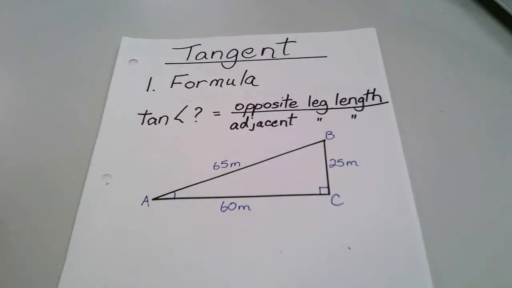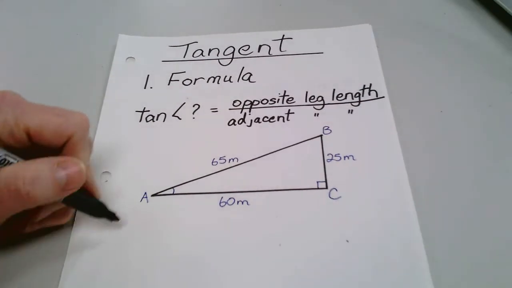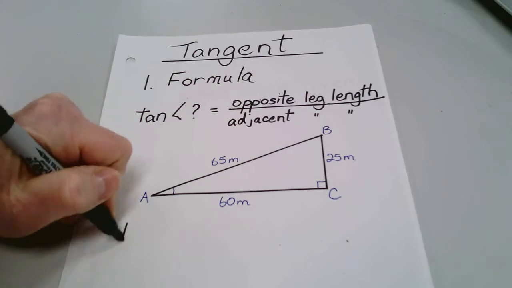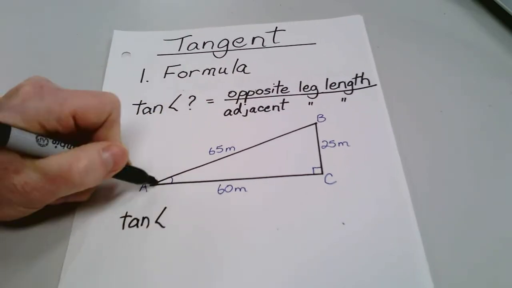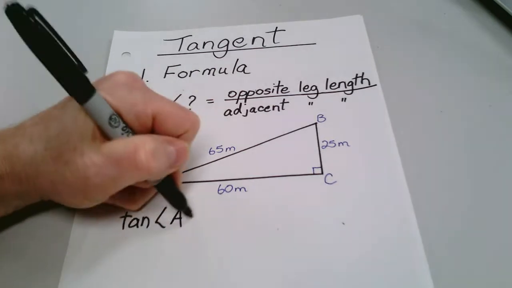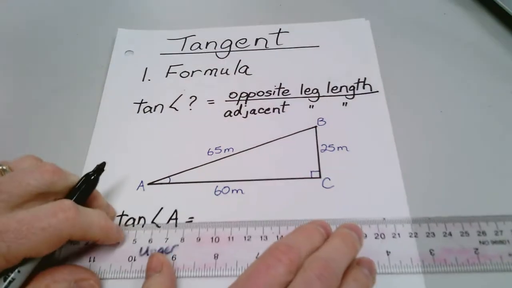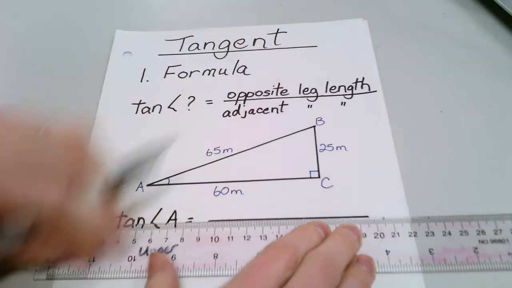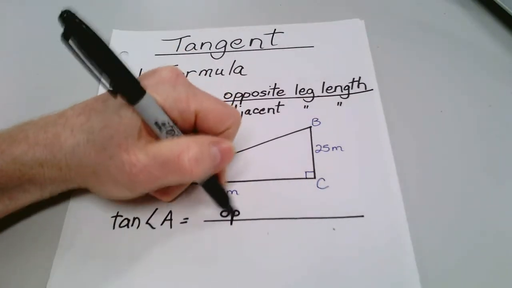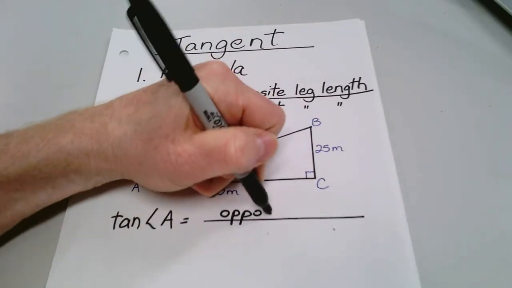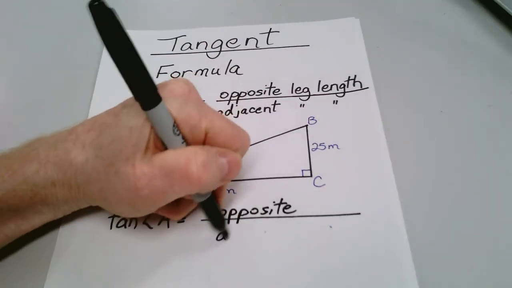So let's do this one right here as an example. First thing we will do is write our formula. Tangent of angle, and we'll do it for A, is equal to the opposite leg divided by the adjacent.